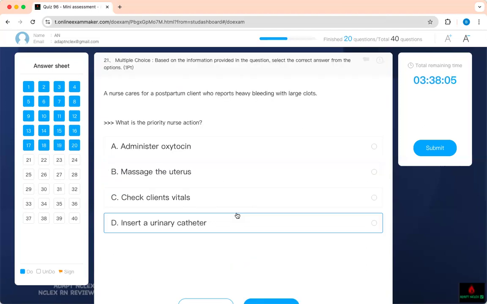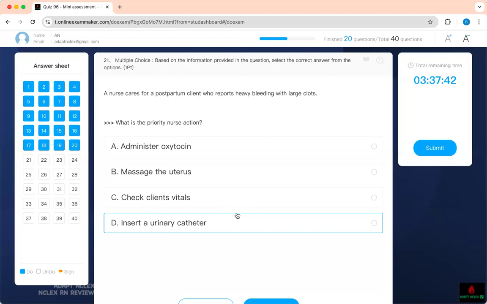What is the priority next action? A nurse cares for a postpartum client who reports heavy bleeding and large clots. So she's bleeding. What is your priority? Mostly the first thing that will come to your mind is the uterus, probably uterine atony, the number one cause of postpartum hemorrhage.